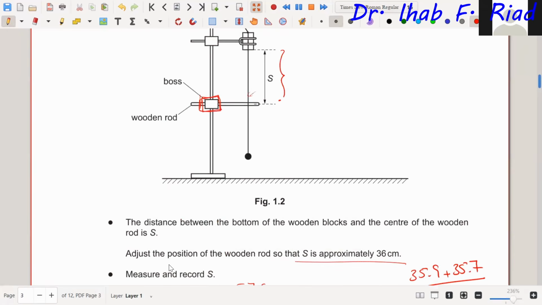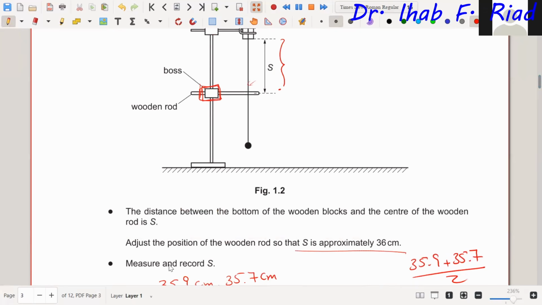No. So now we have this piece of string barely touching this piece of wood.